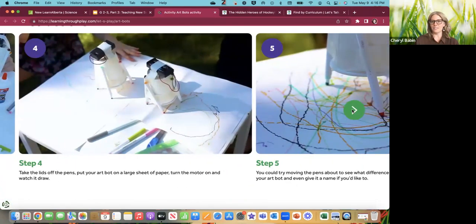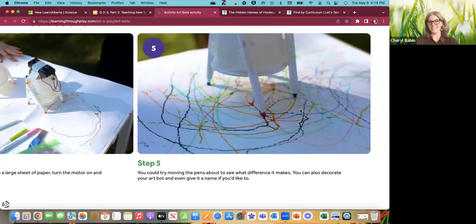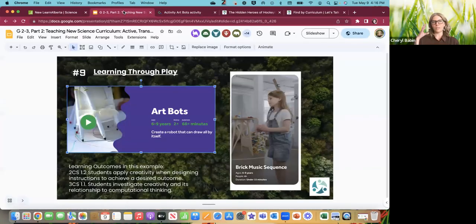So a design experiment, you could use the design cycle. There's lots of different ways that you could engage students and also practice the computational thinking around creating and following step-by-step instructions. This idea here connects to it as well. It's called a brick music sequence, where students use Lego or other kinds of blocks, and they create a corresponding pattern that they have to respond through actions with.